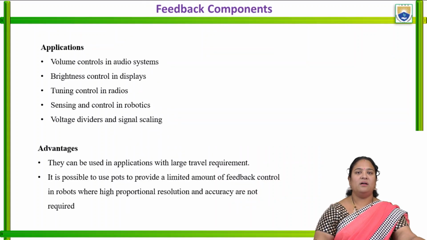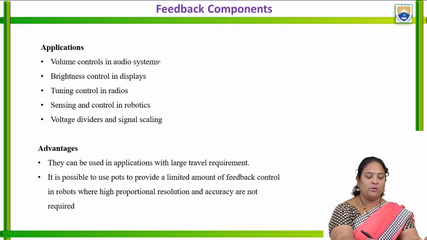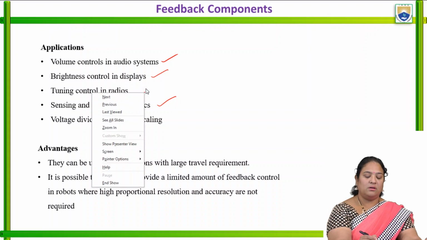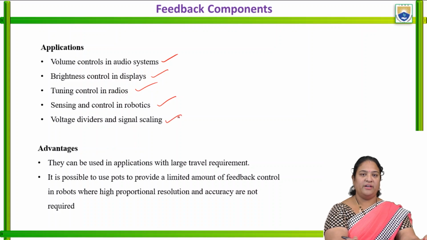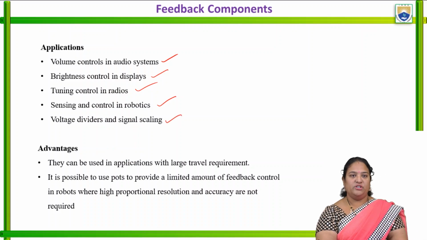Generally, the potentiometer is used for volume control, as we have seen earlier, for brightness control, for sensing and control in robots, for turning control, and in voltage dividers. We generally use this type of potentiometer.